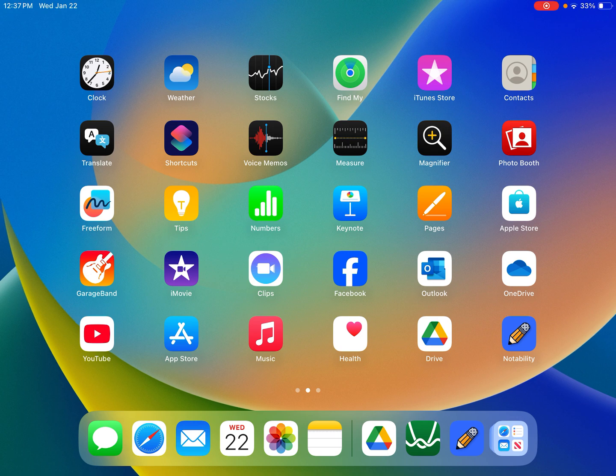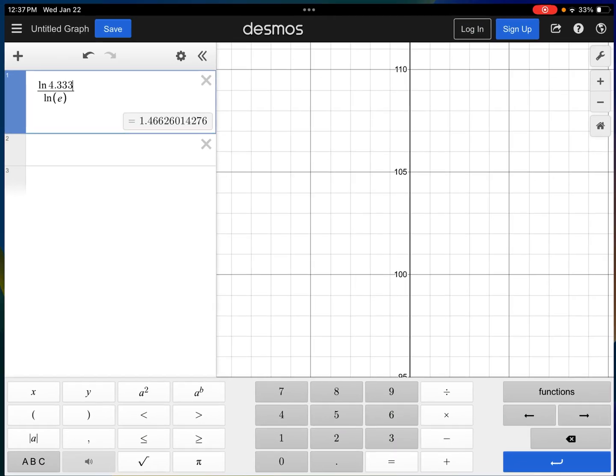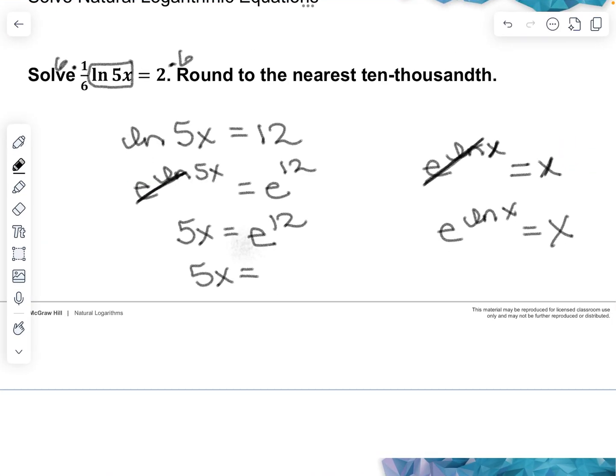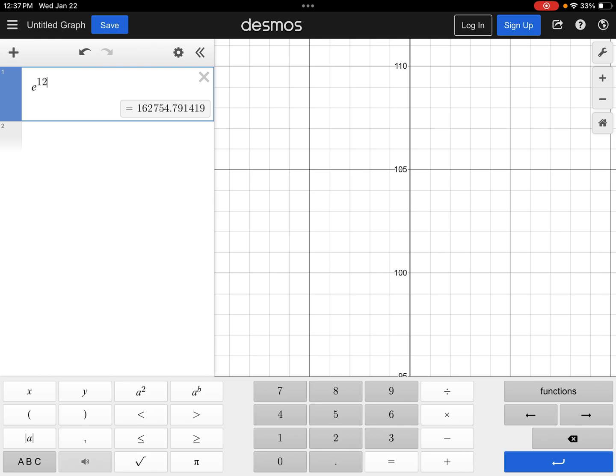e is 2 point something. This is going to be a decently big number. Let's go over here and do e raised to the 12th. 162,754.7914.